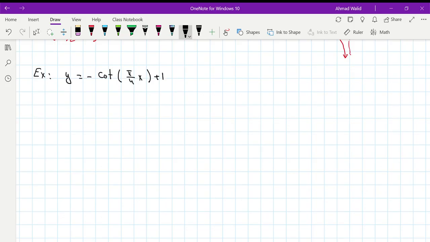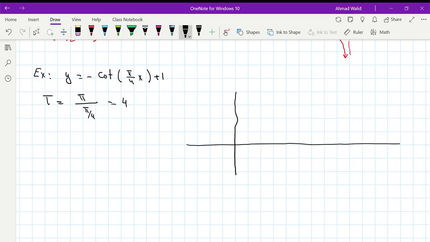First, period: T equals pi over omega, which is pi over pi over 4, which if you simplify gives you 4. Correct? Then draw your graph. I'm trying to draw, but my hand is shaking with this pen. I cannot control the line.